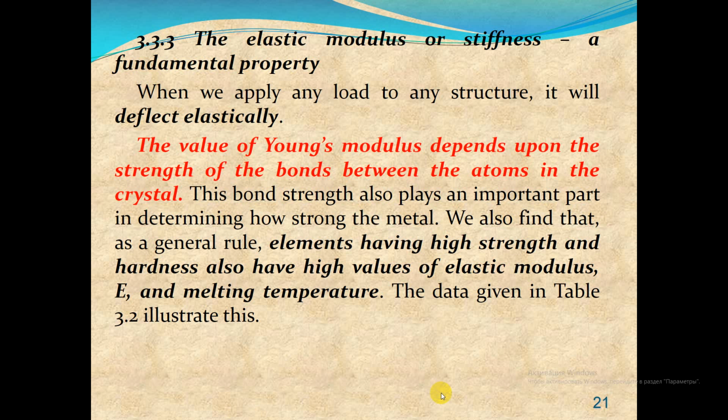The value of Young's modulus depends upon the strength of the bonds between the atoms in the crystal. This bond strength also plays an important part in determining how strong the metal is.